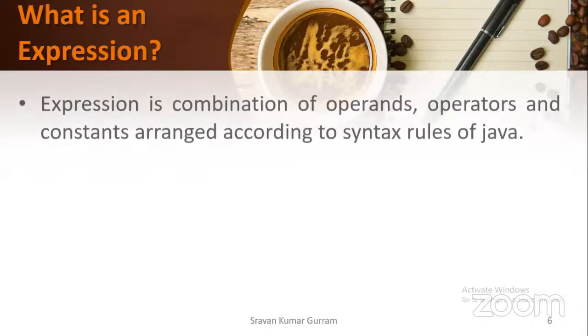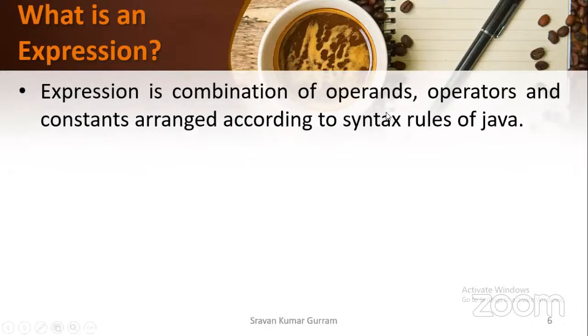Then what is an expression? An expression is a combination of operands, operators, and some constants also. A constant is nothing but, for example, 2 is an integer constant, 2.3 is a float constant, like that. All of these are arranged according to the syntactical rules of Java. That is called an expression. See, a plus b, 2 plus 3, a plus 2.